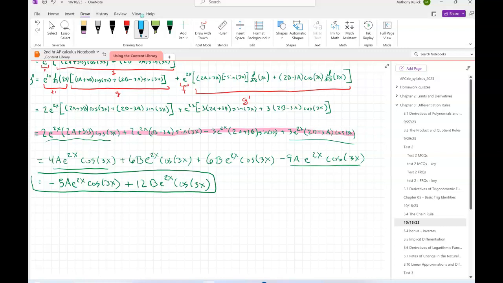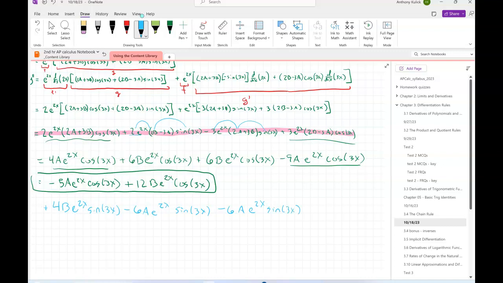All right, so if I do the same thing, we'll distribute this through and distribute that through. So we have 4b e to the 2x sine 3x. And then we have minus 6a e to the 2x sine 3x. And we do the same thing here. So it's going to give me minus 6a e to the 2x sine 3x.